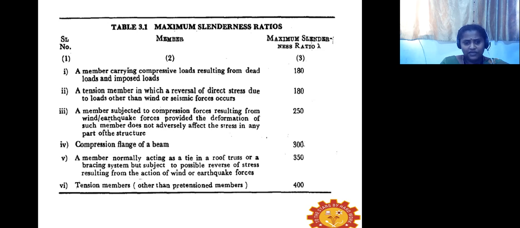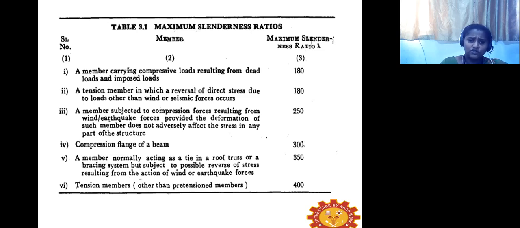For this kind of element also, you can assume the slenderness ratio to a maximum of 350. And last is the tension member other than the pre-tensioned members. For that case, you can assume a maximum of 400.